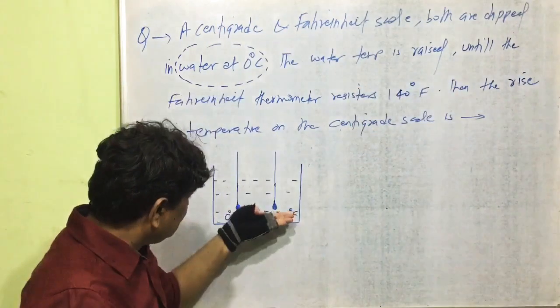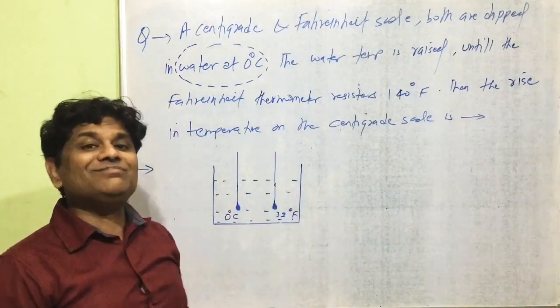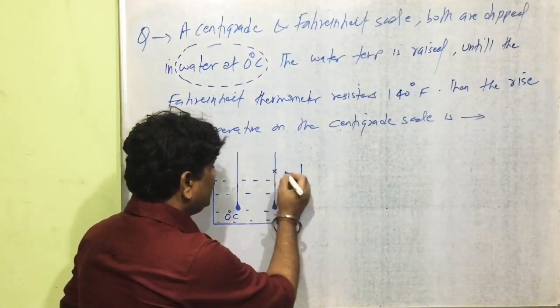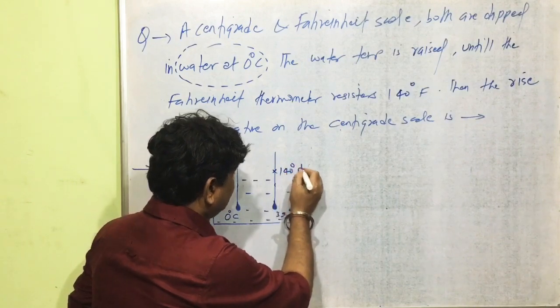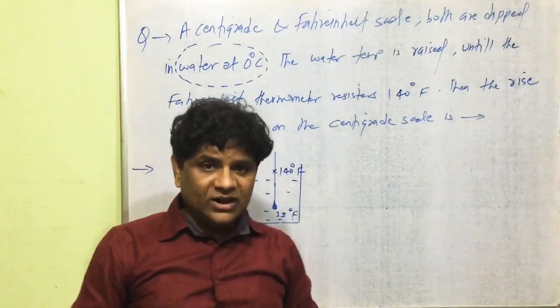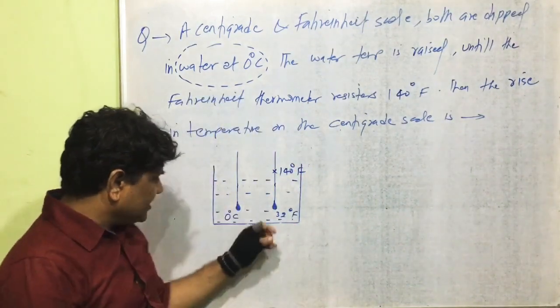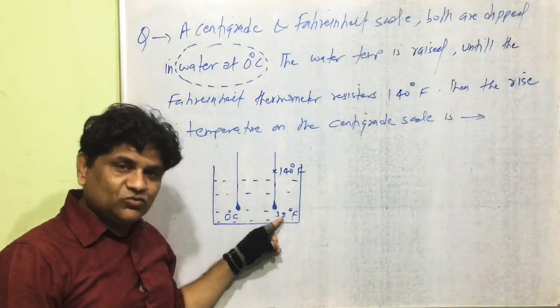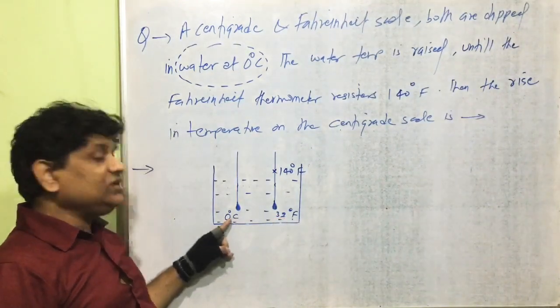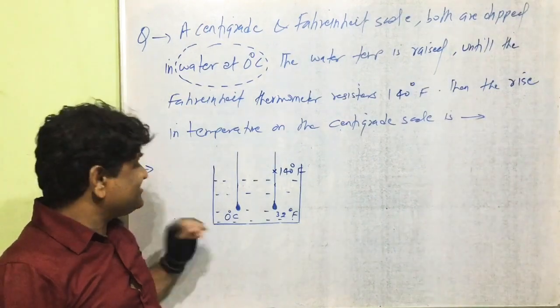The water temperature is raised until the Fahrenheit thermometer registers 140 degrees Fahrenheit. Now listen here. When the reading on the Fahrenheit scale is 32 degrees Fahrenheit, the reading on the centigrade scale is 0 degrees Celsius.